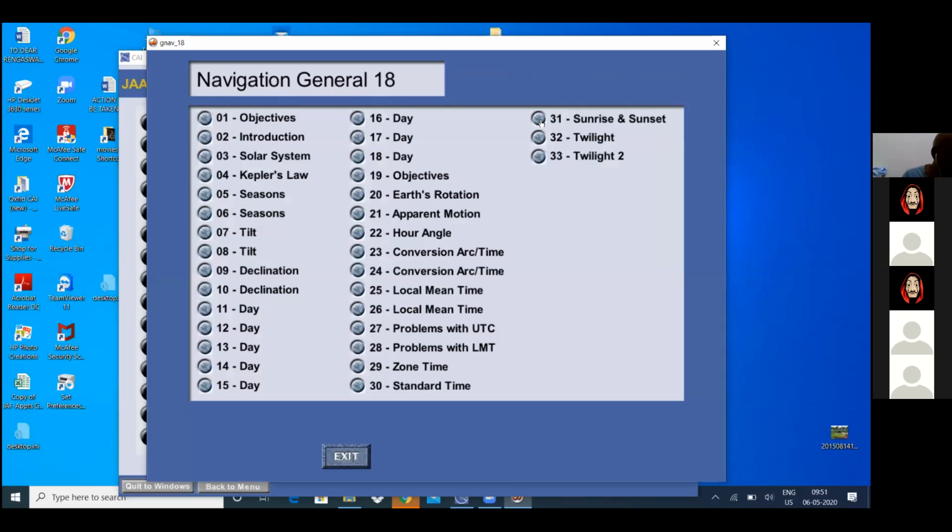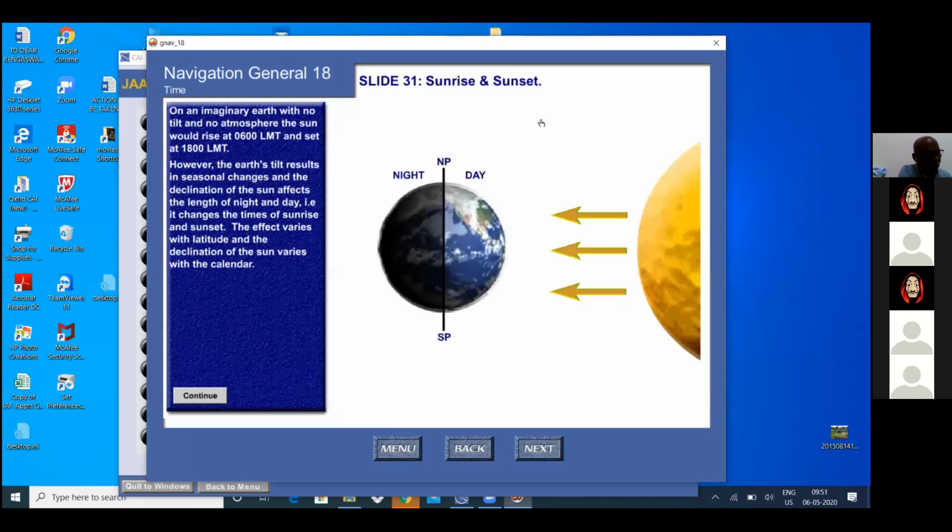Let's go on to sunrise and sunset. Till now, for all purposes of time, we were taking only longitude into account.